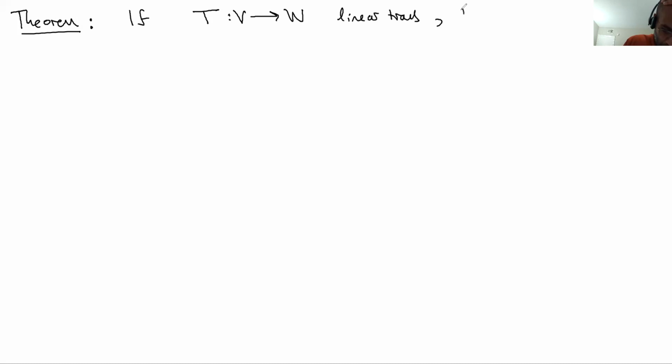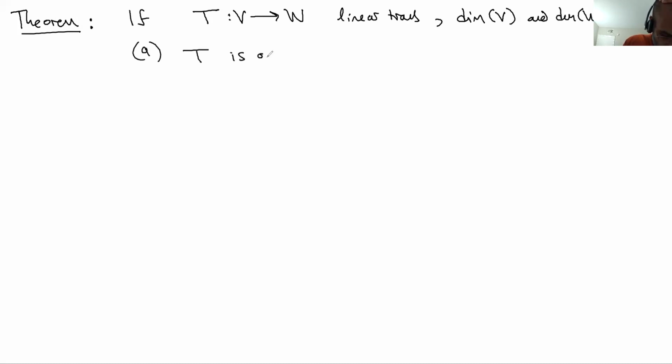Okay. So here's a theorem. If T is a linear transformation between two vector spaces, and both of these have finite dimension, then the following two things are true.